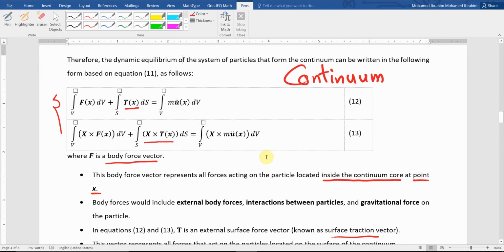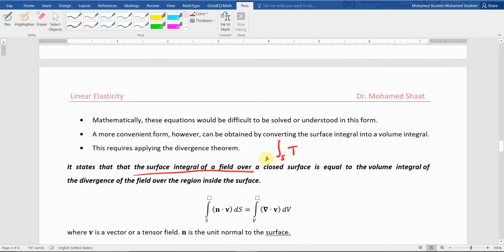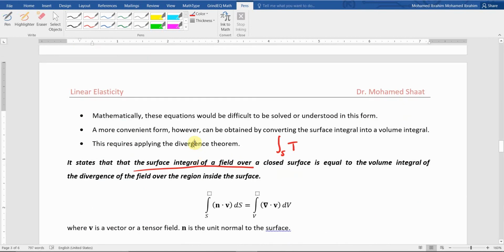So this is the surface integral of this field over a closed surface, which is the closed surface of the volume, and it is equal to the volume integral of the divergence of the same field but over the region inside the surface, which is over the volume, I mean.